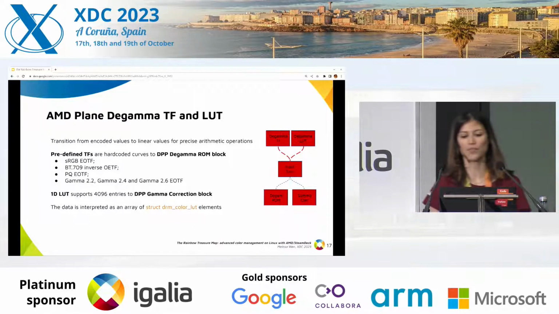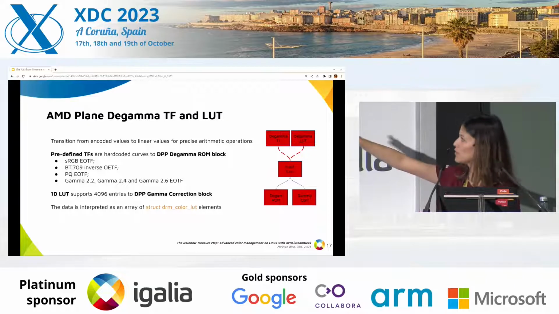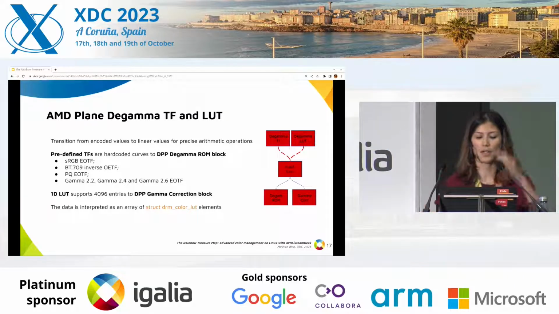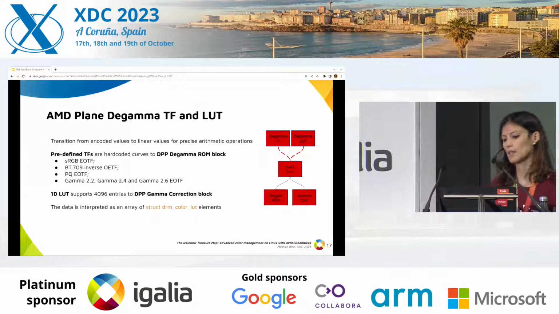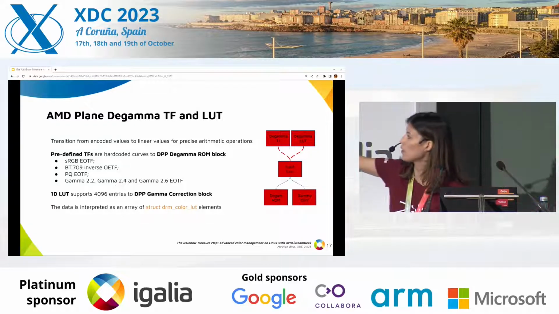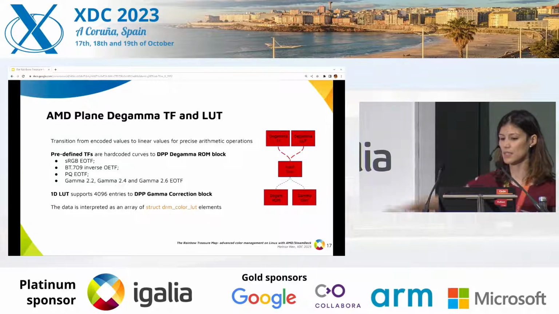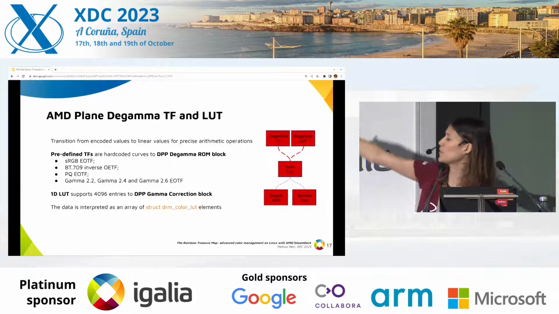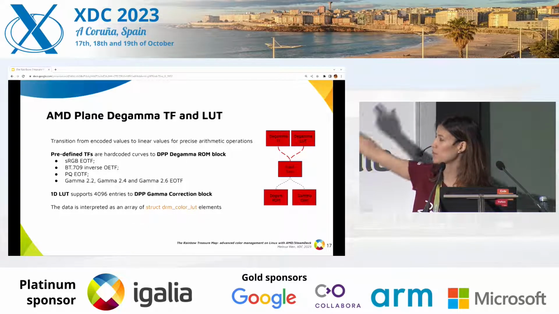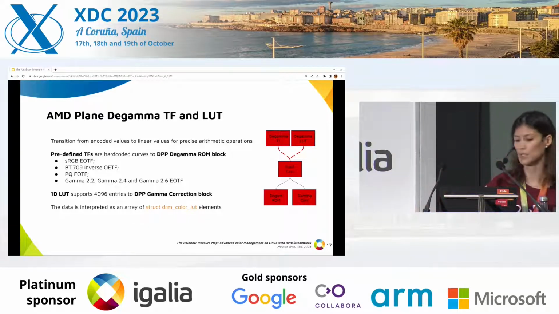So the predefined transfer functions for this block are a hard-coded curve that goes to the degamma ROM block, and this is the list of transfer functions that the driver supports for this block.